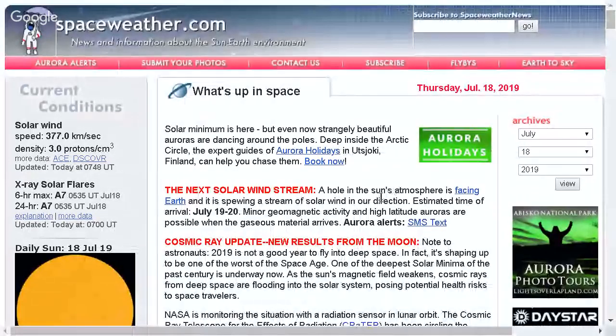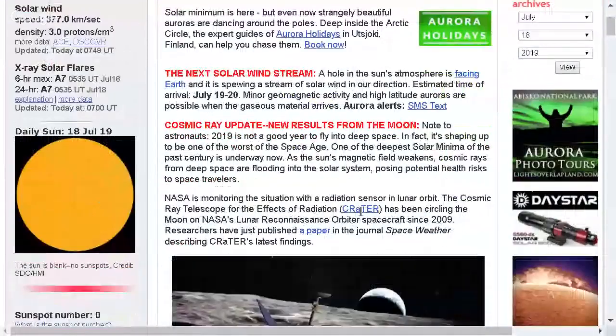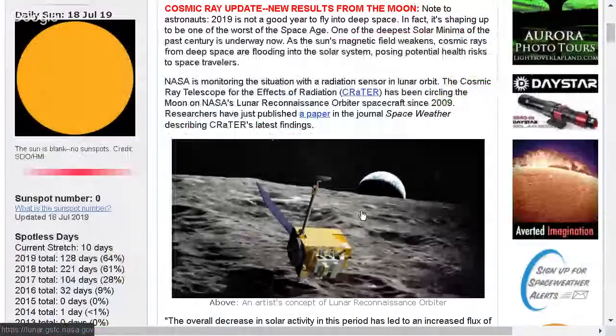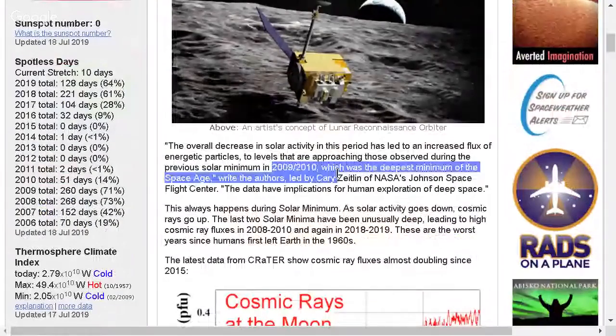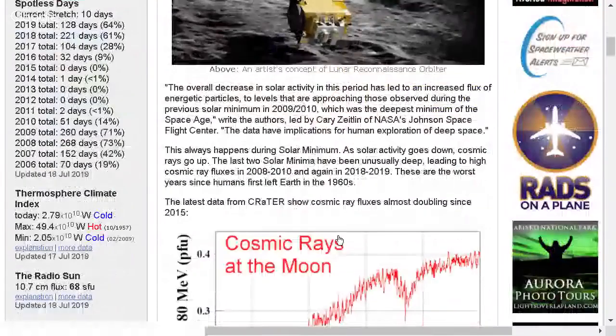Check out spaceweather.com, dropping some truth bombs on cosmic ray flux. If you weren't aware, we're not at the cosmic ray maximum or the deepest solar minimum of the past century. The deepest solar minimum of the past century was the 2009 to 2010 solar minimum.